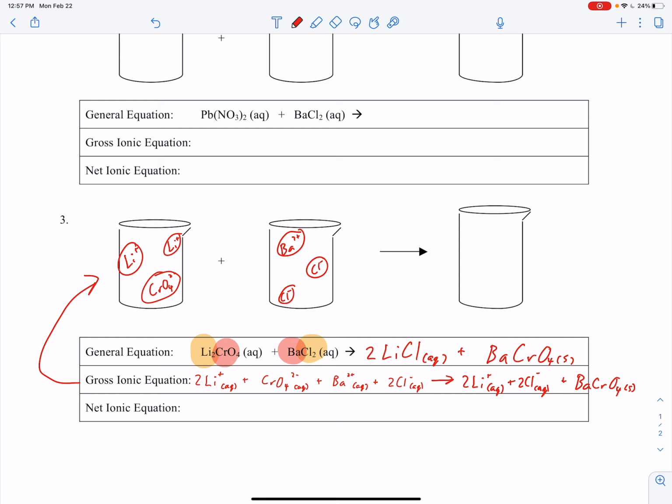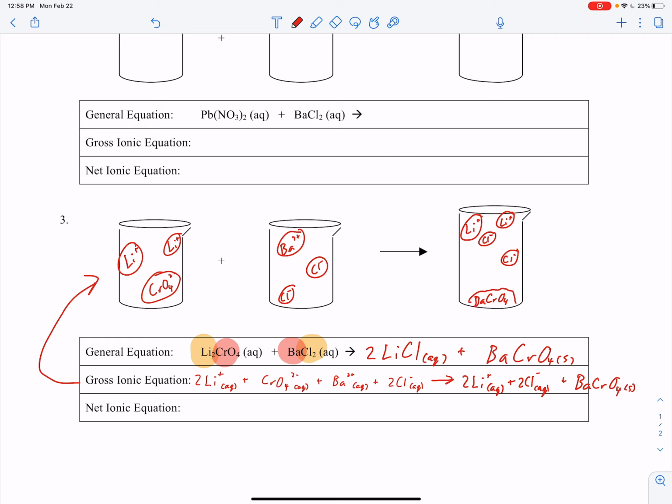And then after reaction, of course, the lithium is still floating around, according to this equation. So we have lithium, we have chloride, something along those lines. And then at the bottom, we've got all together our barium chromate. That's essentially what that would look like. The barium chromate would be a precipitate sitting at the bottom of the beaker.